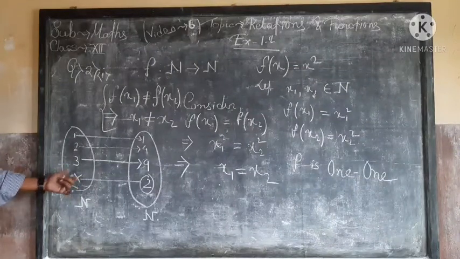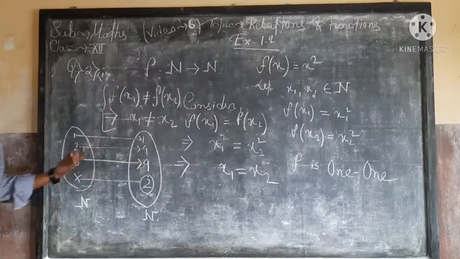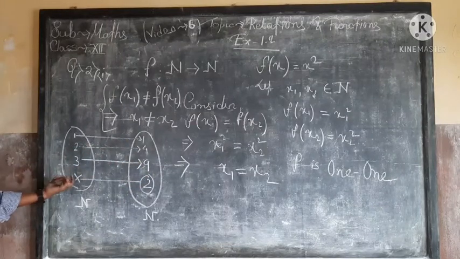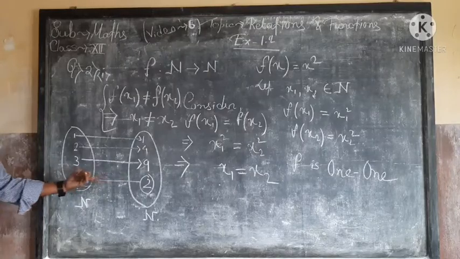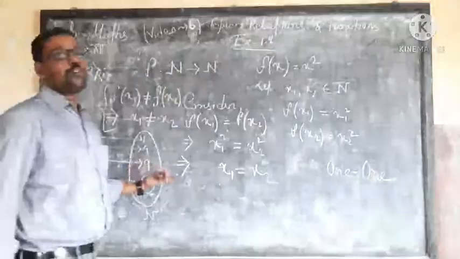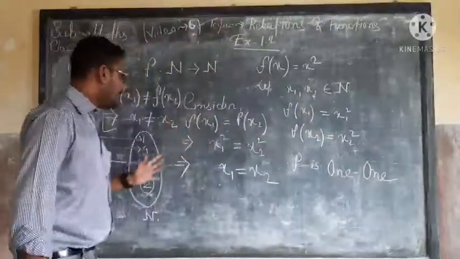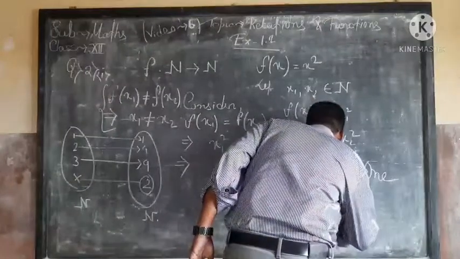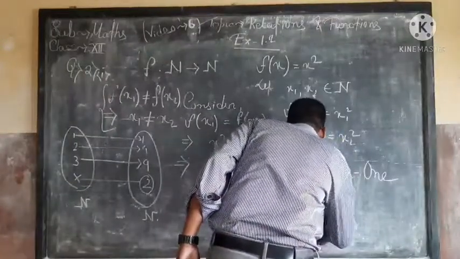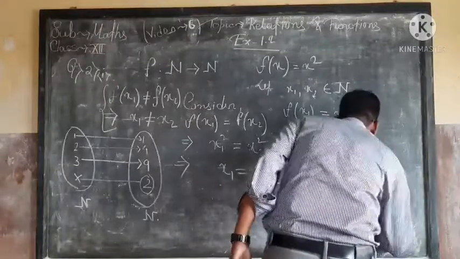That means all the elements of this codomain are not connected with the domain set. So these criteria are valid for the condition of a non-surjective function. At that time, this f is one-one, but not onto, or surjective. Okay.